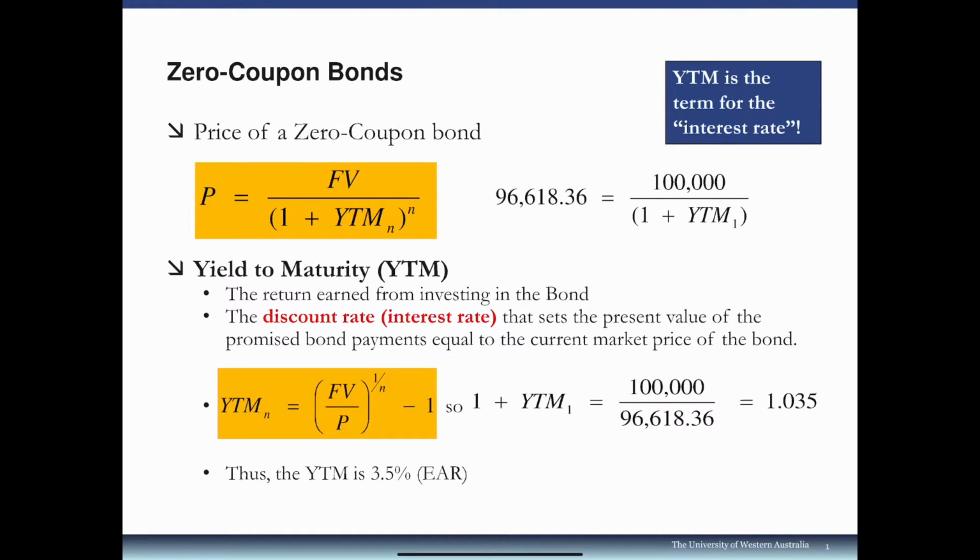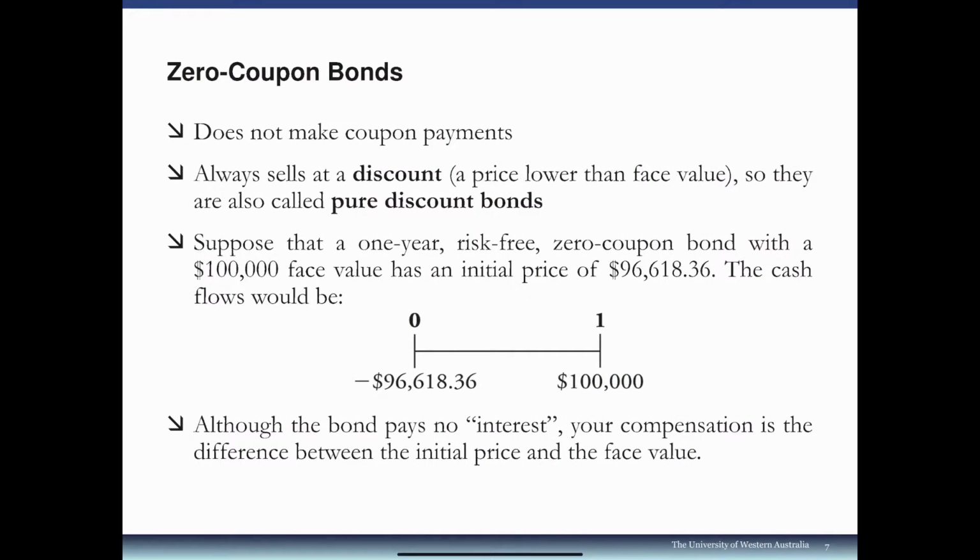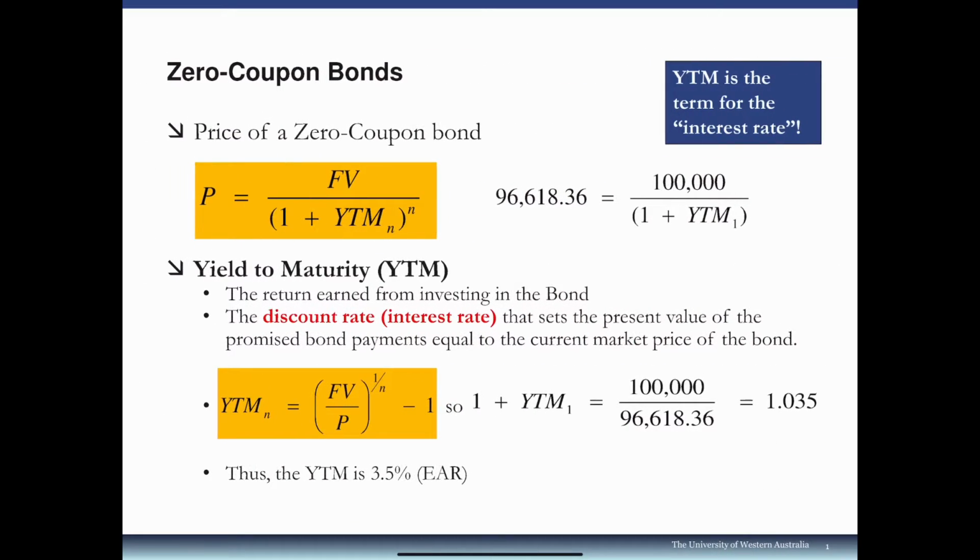Well, technically speaking, whenever people negotiate a bond, given that you know what the face value is, which is 100,000, the only thing that you will be negotiating is the price that you're going to be paying, which means someone may be happy to pay 97,000, someone may be happy to pay 95,000. So in this case, a different price would lead to a different implied return, which comes as the yield to maturity.